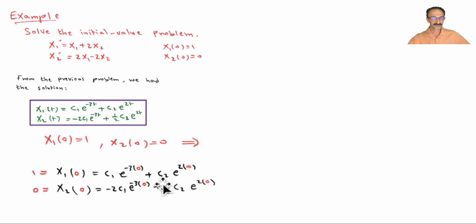That will not take our time to solve and simplify. That should end up 1. C1 times 1 plus C2 times 1, and so on. I have C1 plus C2 equals 1, and I have minus 2C1 plus half C2 equals 0. Just algebra steps. We'll get C1 equals 1/5 and C2 equals 4/5.